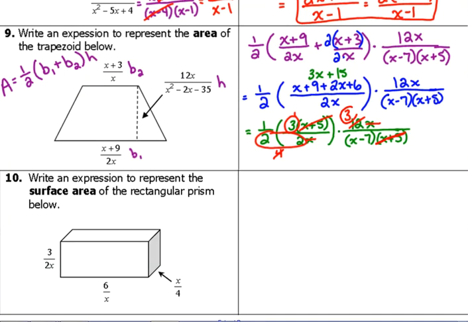We've got a 3 times another 3. So we have 9 in the numerator. We canceled out the 4. We've got x minus 7 in the denominator. So, a little unexpected, I think, when you look at the expressions that we have for the individual components, and then when we find the area of the whole thing, it's as simplified as 9 over x minus 7.